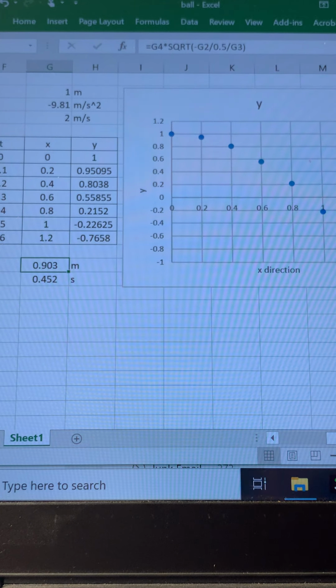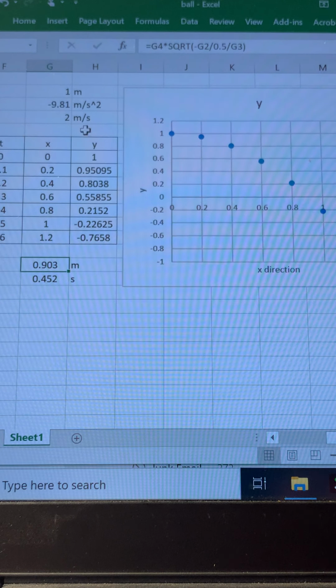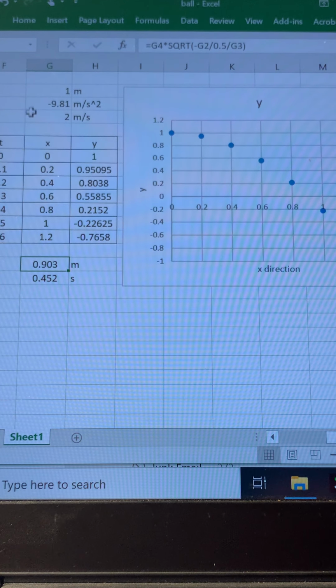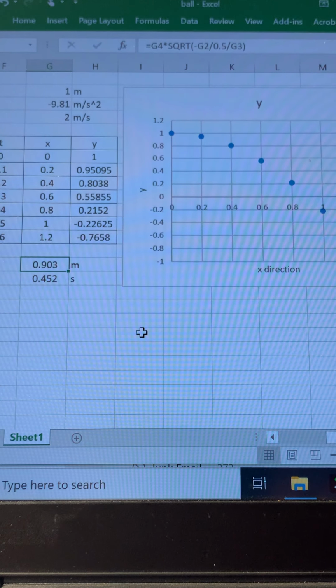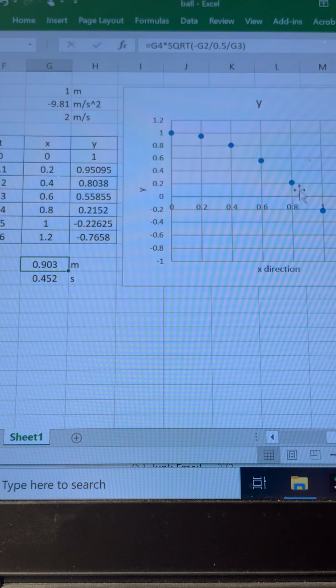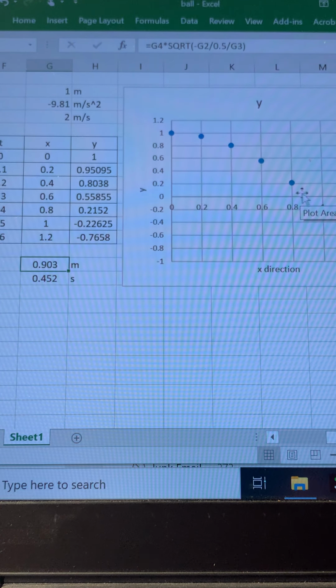And so I just plug in random numbers here, and I get d equals 0.9 meters and time is like 0.45 seconds. So we can look on our plot here, and you can see that when y gets to 0, it's somewhere around in here.